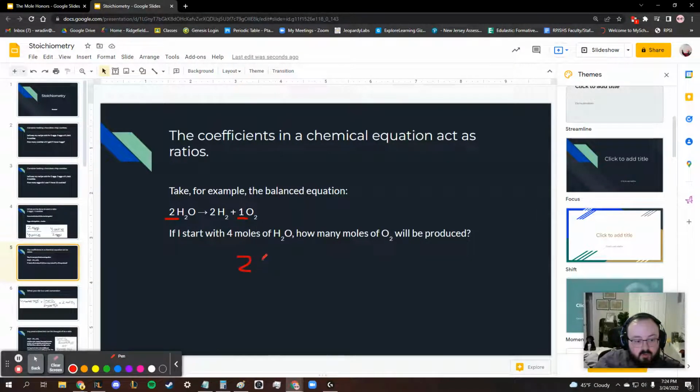So for every 2 moles of H2O, we will get 1 mole of O2. The reason for this is because we're talking about amounts. Because of the coefficients, for every 2 moles of H2O, you're getting 1 of O2. So when we did our structures out here, this is what this formula looks like.